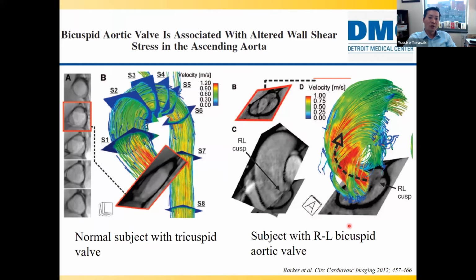Whereas in patients with the right-left type 1 bicuspid aortic valve leaflets, you can see there's a whole slew of turbulence hitting against the anterior wall of the aorta, which is extremely common when surgeons go in and find a bicuspid valve. They see concomitant dilatation in this exact area where the flow is hitting against the aortic wall.